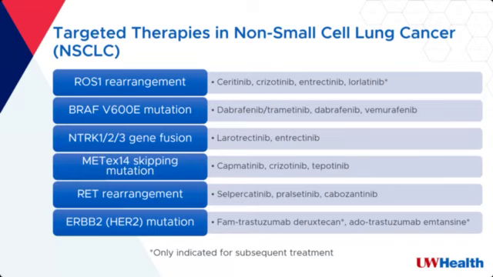There's a lot of current development in high levels of MET amplification. I anticipate we'll see approval in that space for these agents soon. We can also see RET rearrangements as well as HER2 mutations.